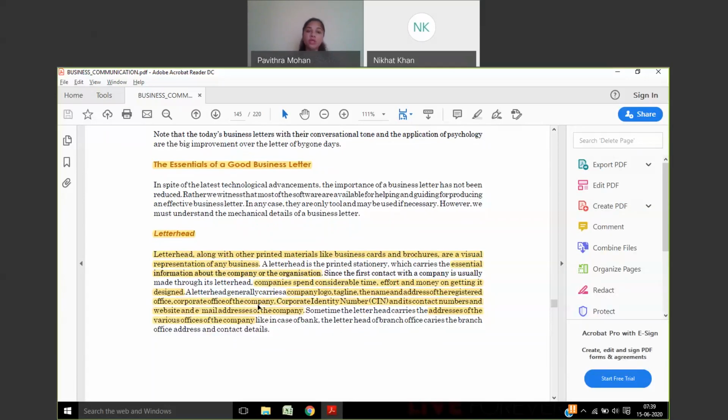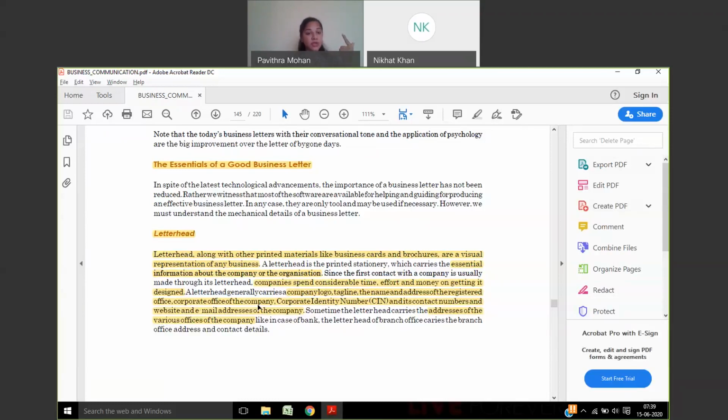Now we have a new compliance: the Companies Act rules have come up and told us there are certain mandatory things which need to be covered in a letterhead. As per the rules, we have to ensure that the company name is present, and it should be fully present. Let's say it's ABC private limited company or ABC public limited company. The entire name of the company should be present.